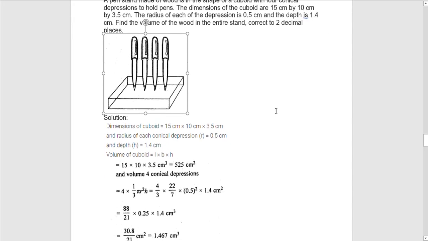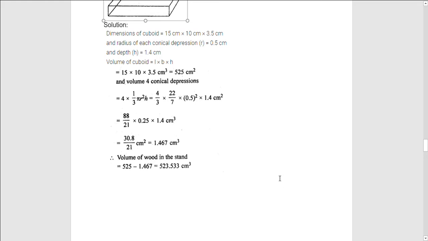So what is the volume of 4 conical depressions? 4 into volume of 1 cone, 1 by 3 pi r square h. Radius 0.5 was given and depth was given 1.4. It means it is height. Followed me? So simple calculation over here. And the volume of cuboid L into B into H calculated.